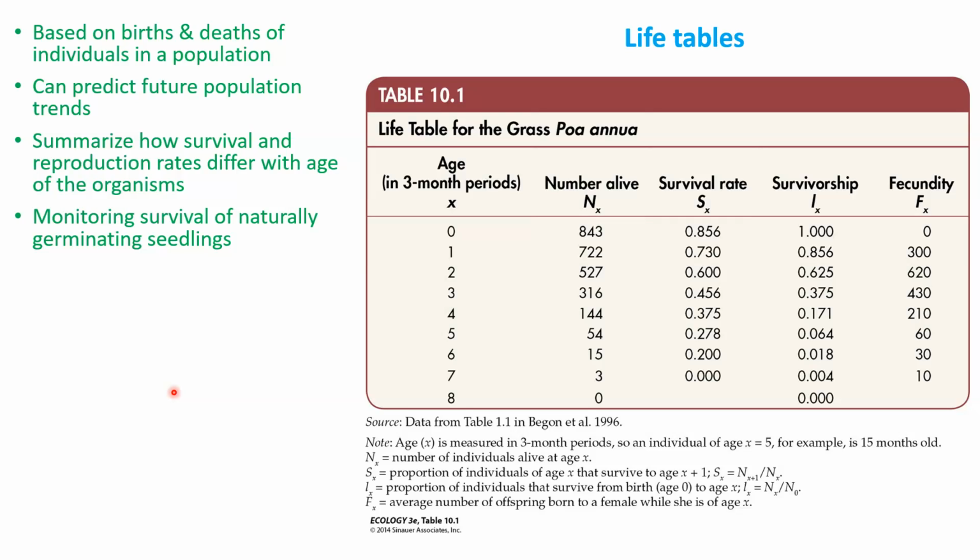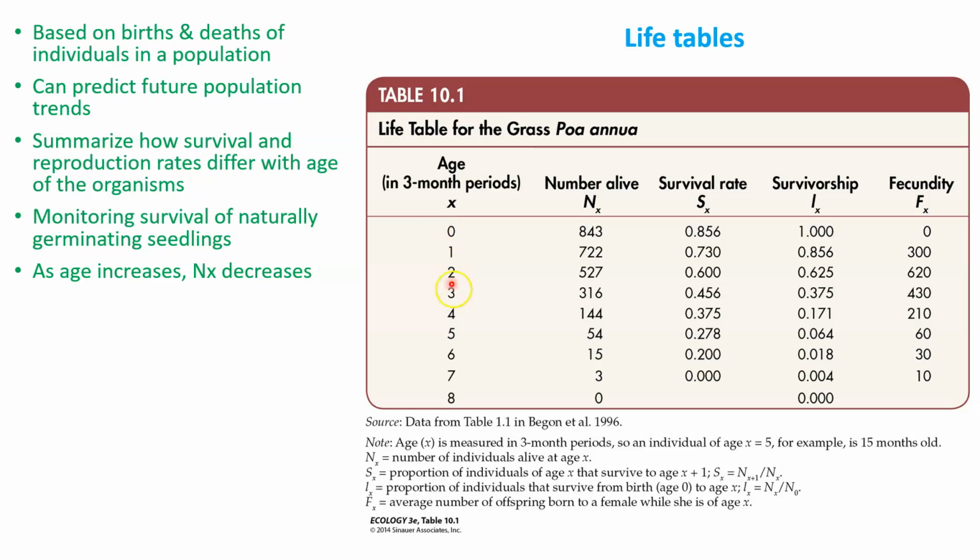The example life table you are looking at to your right over here shows the survivorship, or survival, of naturally germinating seeds, right? So let's take a look at what's happening over here. The first column is age, right?